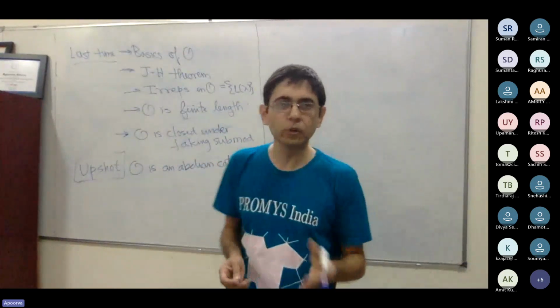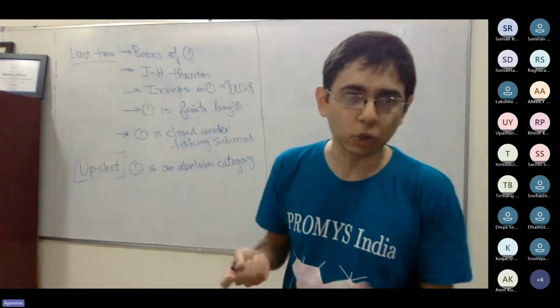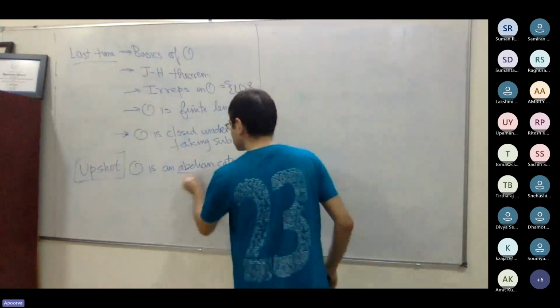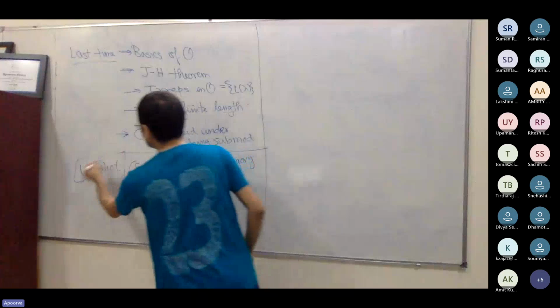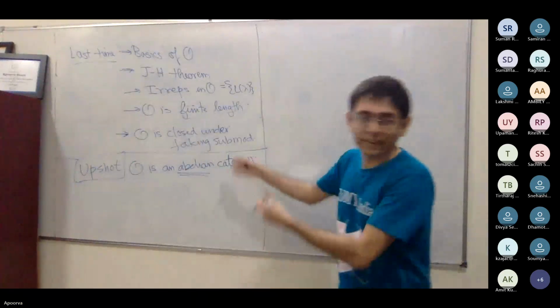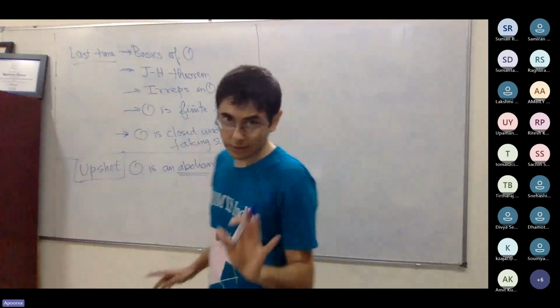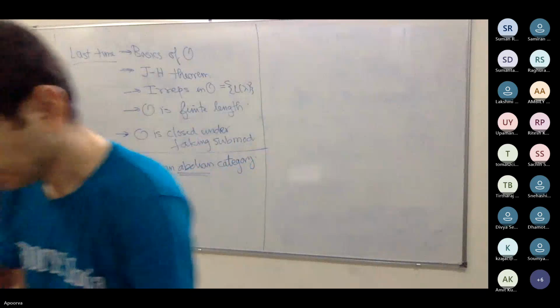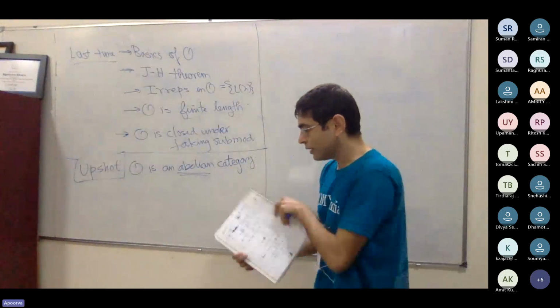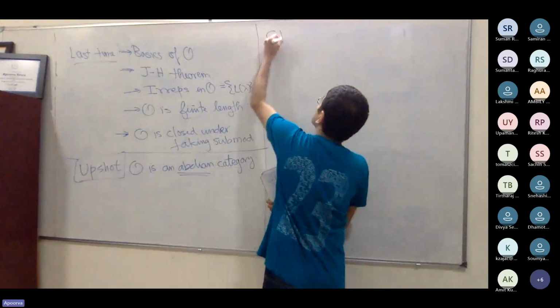The Hom spaces are automatically abelian groups and so on. The upshot of all of this is that category O is abelian and finite length. It is not closed under extensions, which we already know. So the goal for today is to talk about characters.